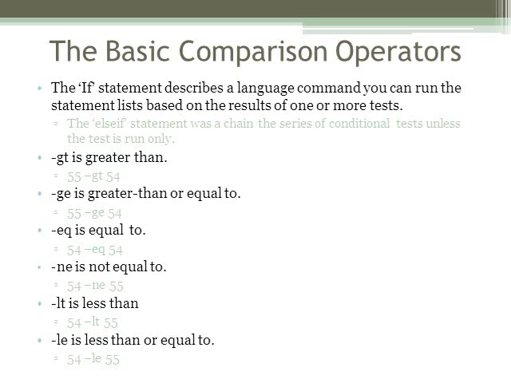LT is less than, for example, 54 is less than 55. And finally, LE is less than or equal to, for example, 54 is less than or equal to 55. So these are the basic comparison operators.